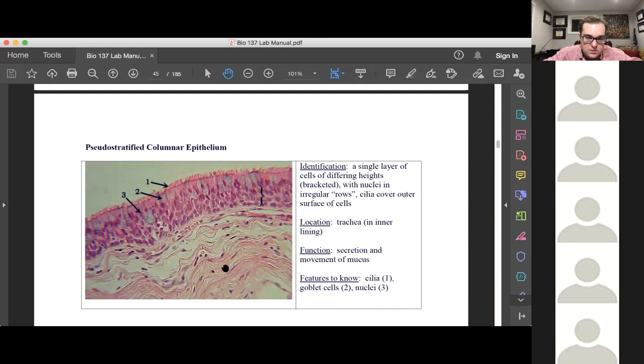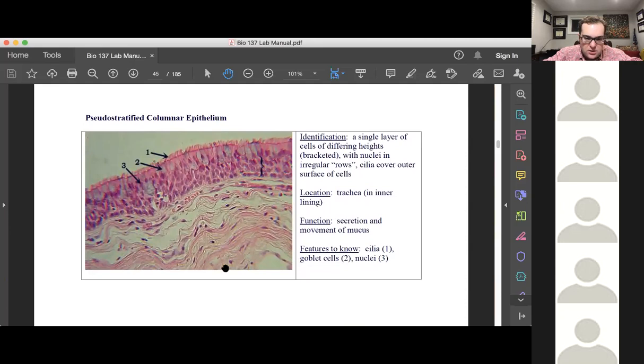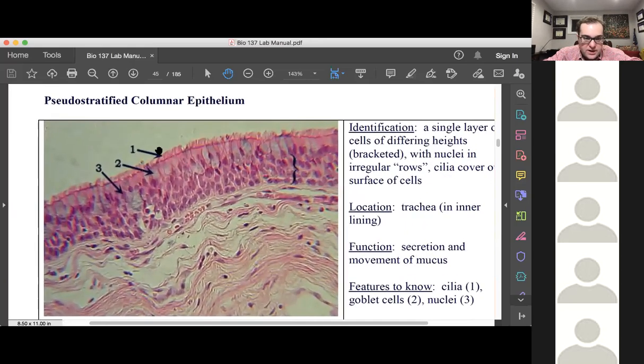Same thing. All right, so pseudostratified columnar. Now, this is what I think I just talked about. This is out of the trachea. So number one here, there's your cilia, right? A little bit different, more hair, longer than the microvilli. But you can kind of understand the wave feature that I'm thinking about.